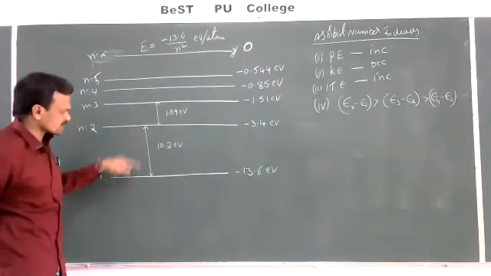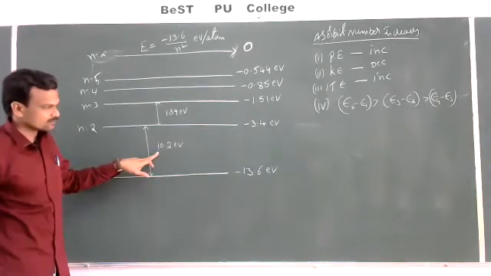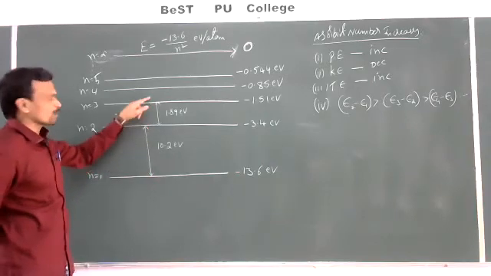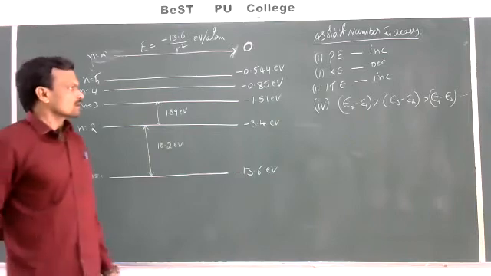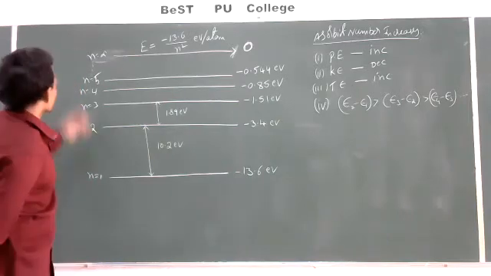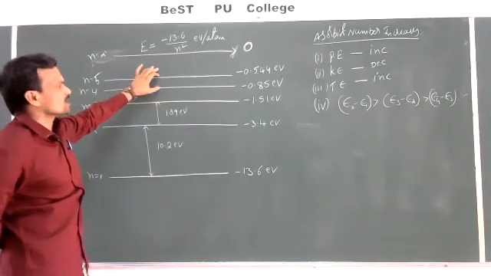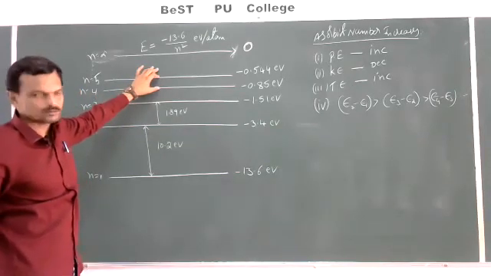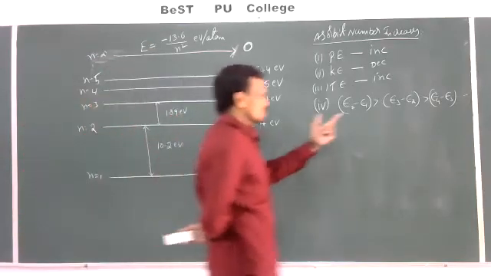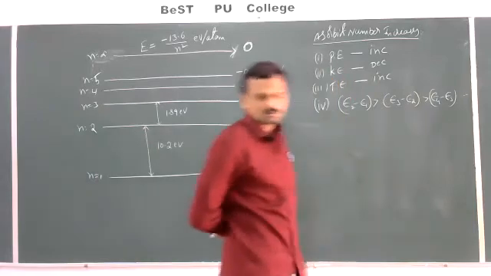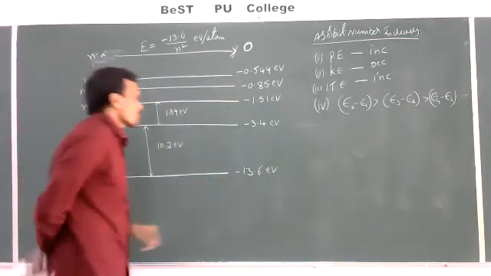So E2 minus E1 is greater than E3 minus E2, which is greater than E4 minus E3, and so on. Between first and second orbit, the energy difference is 10.2 electron volts. Between second and third orbit, it is 1.89 electron volts. Between fourth and fifth, it is approximately 0.3 electron volts. So as the orbit number increases, the energy difference between two successive orbits decreases.